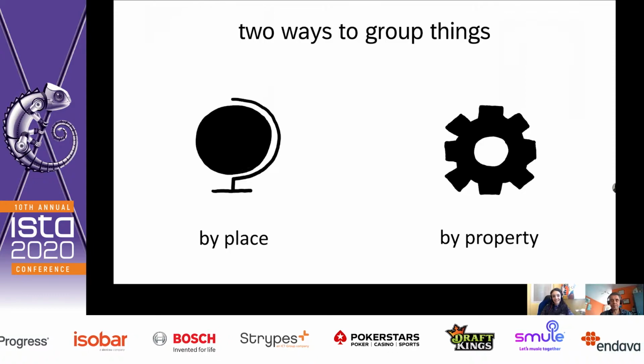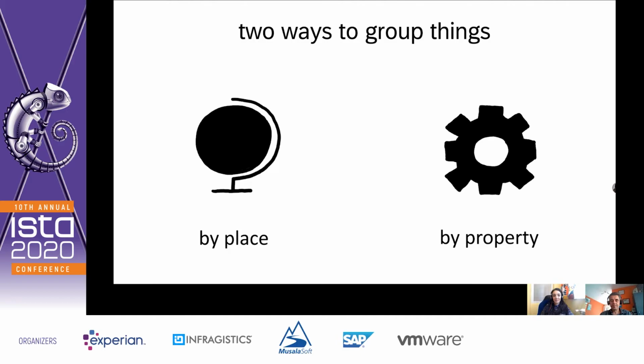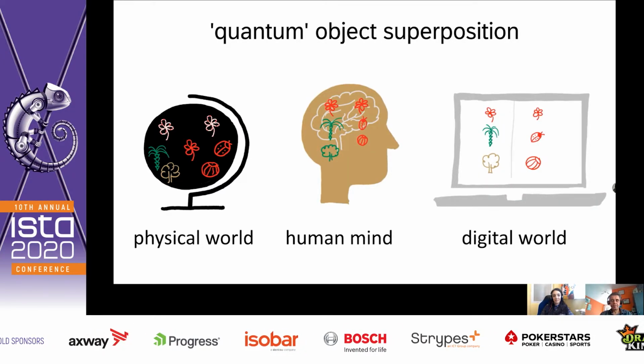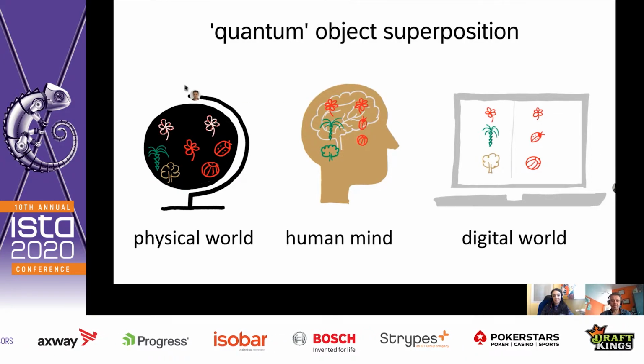I want to start with a brief introduction. And the idea here is, in essence, there are two ways to group things in the world. One of them is by place, and the other one is by property. Imagine that you have to group several things in the world.